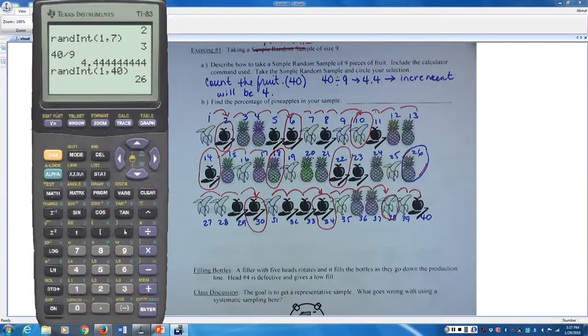Let's see. Get a highlighter. If I had been doing a random sample, then I go to math and over to PRB, my first step is the same. Random integer, and then 1 comma 40. Okay, the first one is number 35.